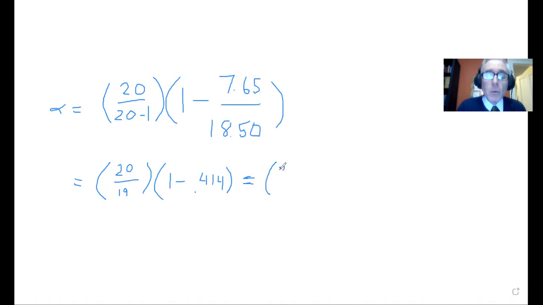Okay, well, that's going to be equivalent to 20 over 19, keeping this in its own little set of parentheses here, times 0.586, which in turn will be equal to, I'm going to run out of space if I keep going to the right here, but 20 over 19 would work out to 1.053.